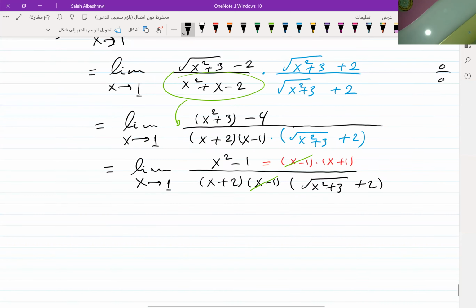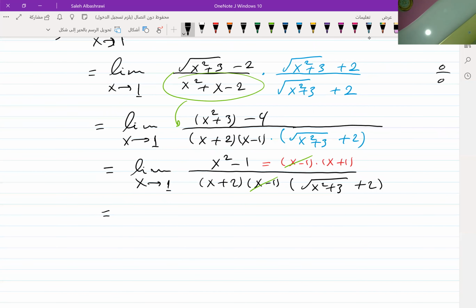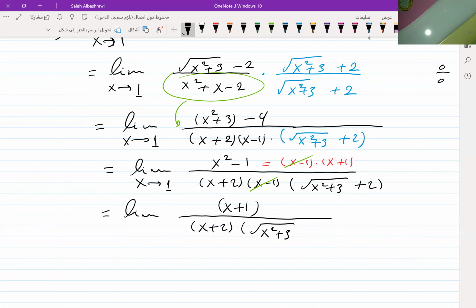So my function will be equal to x plus 1 in the numerator, divided by x plus 2 in the denominator multiplied by square root of x squared plus 3 plus 2, as x goes to 1. Now replace x by 1.